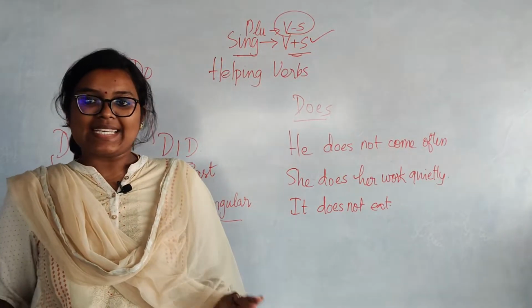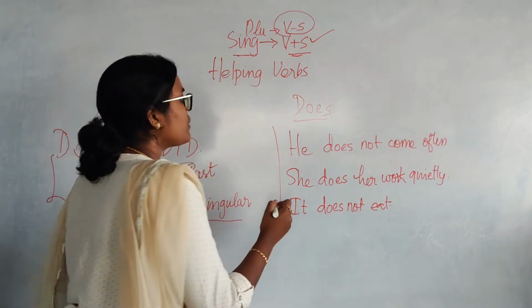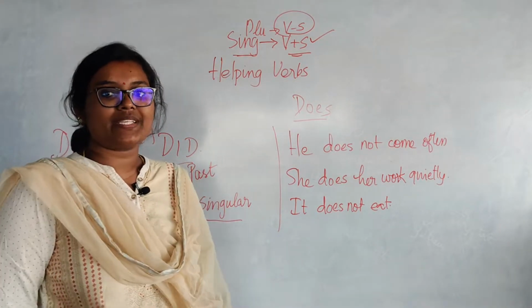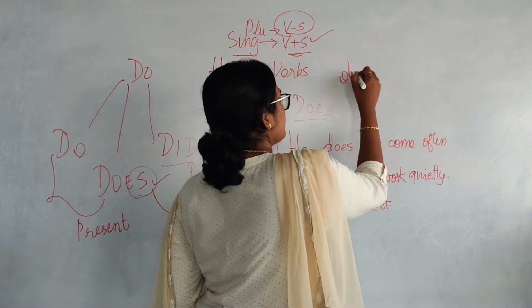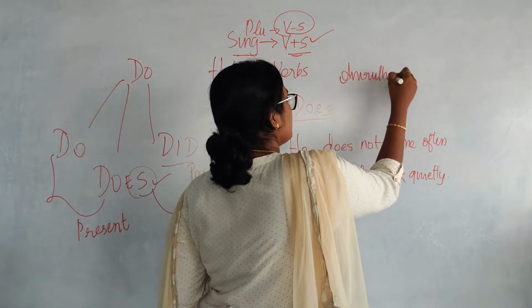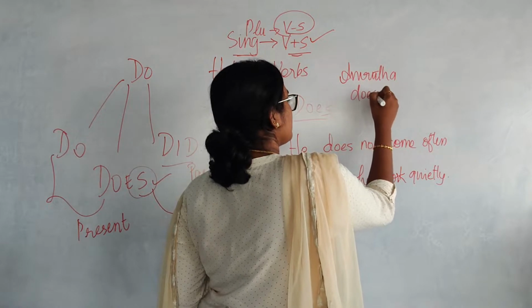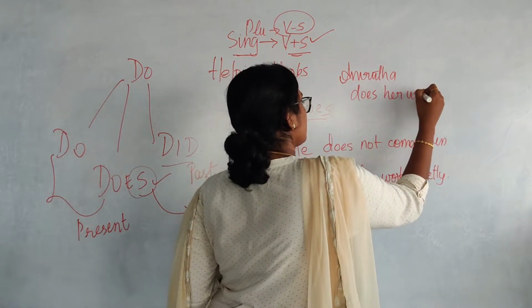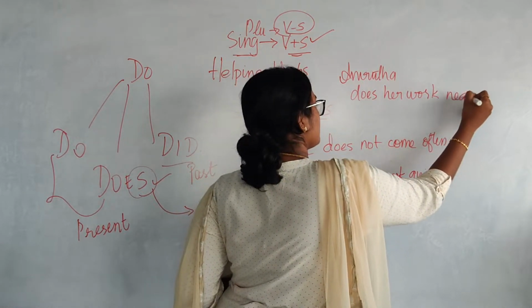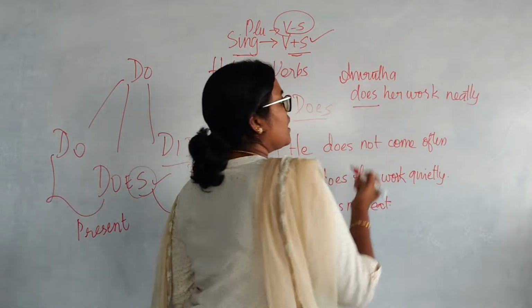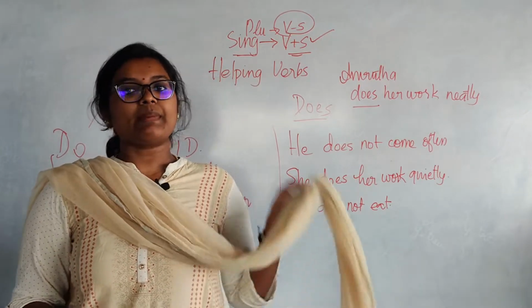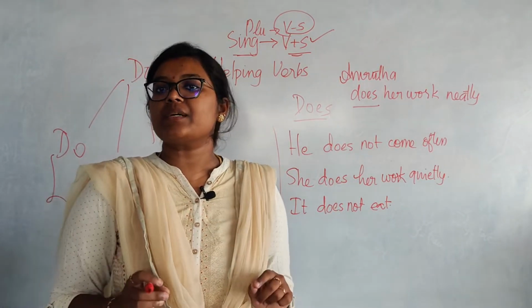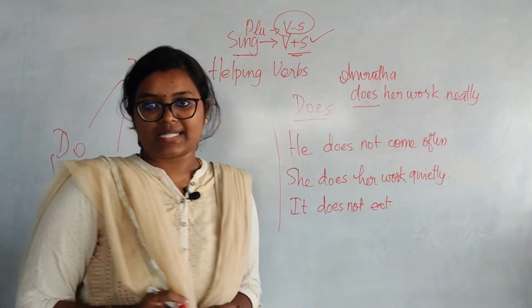It does not eat. When we talk about singular individuals, for example, Amrita is a singular person, how do we say it? Amrita does her work neatly. She does. So when we're talking about singular people, we always use does.